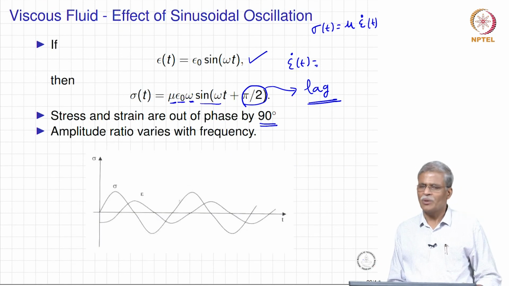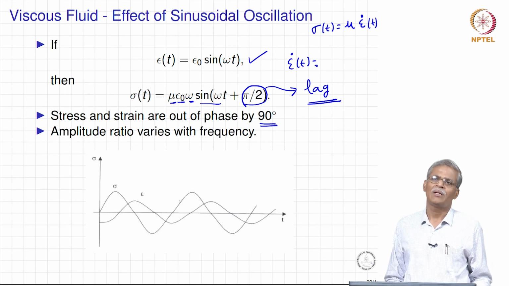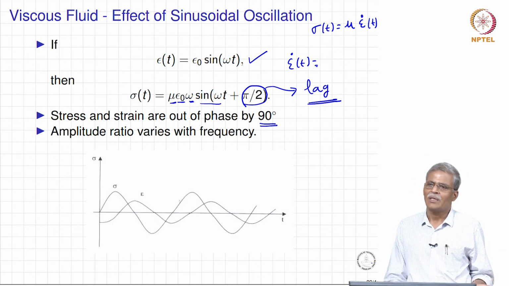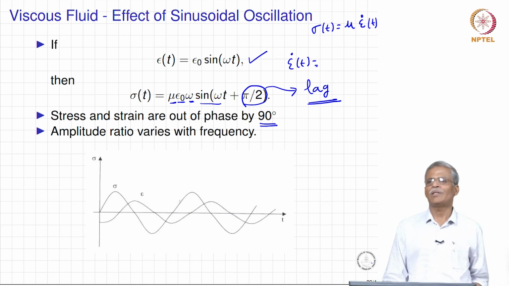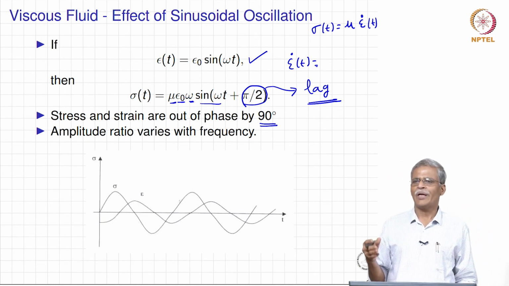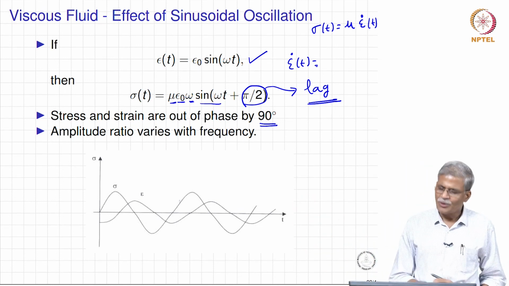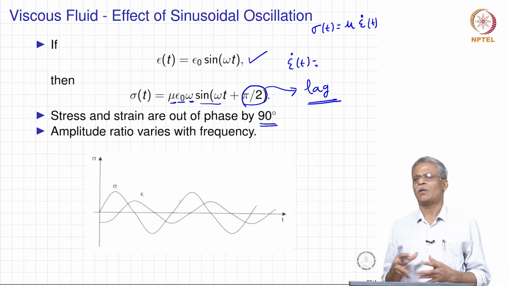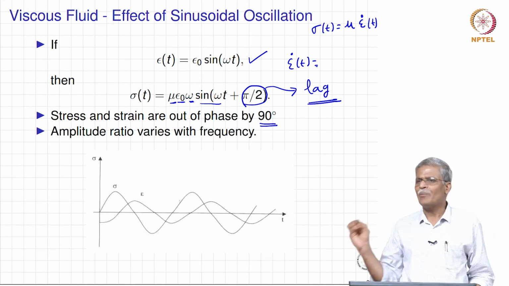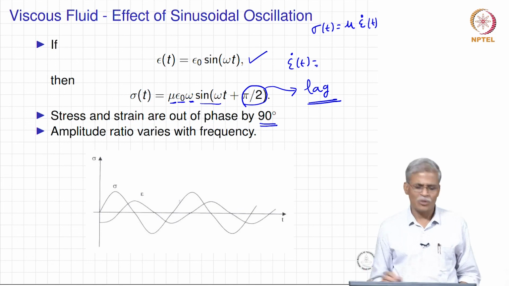We need to remember this, because when we are talking about the viscoelastic response of a material, the lag can vary from 0 to 90. If the viscoelastic material exhibits a response close to that of an elastic solid, the lag may approach 0, and when it behaves like a viscous fluid, the lag can actually reach 90. So, it is a very simple and interesting way of interpreting the response of a viscoelastic material, and this will come in handy when we are talking about master curves for bitumen or bituminous mixtures.